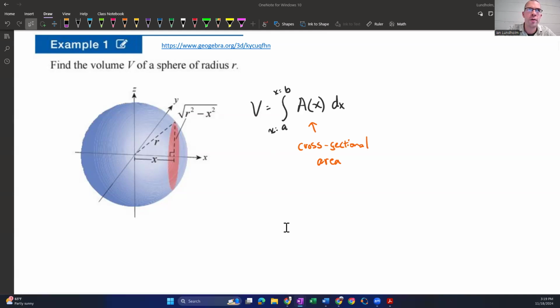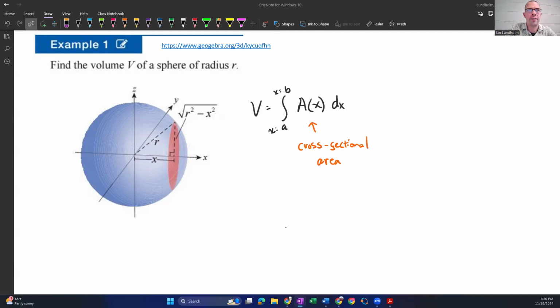Okay, so what they've given us in this problem is going to give us a little bit of a head start. They are showing us that the square root of r squared minus x squared is that tiny little radius.